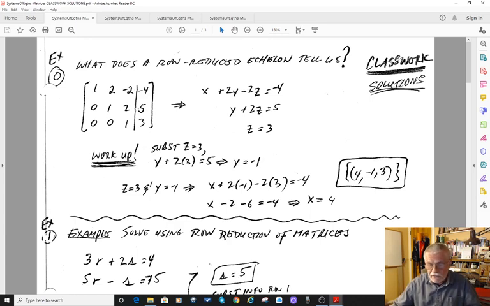So the next question is, well, so what? What does it mean? How does it help us? We realize that if we go to the equation form, in other words putting the x's and y's back, you get something interesting.